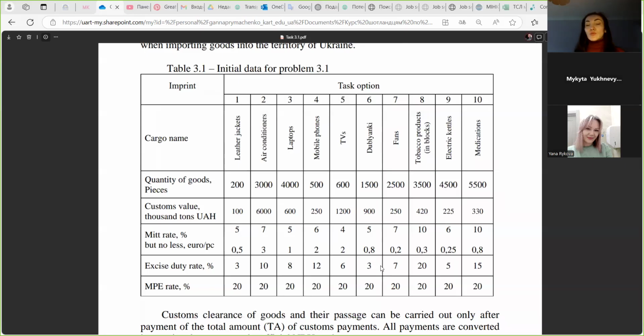Because we don't multiply by percent, we multiply by the part of it. And write is equal to and find the result in hryvnias. Multiply it for your variant.